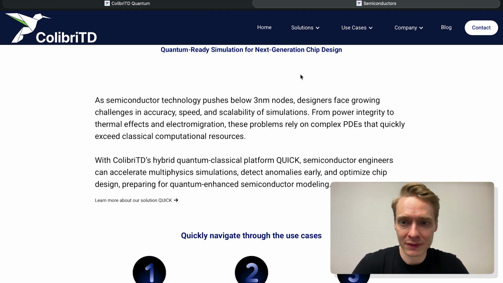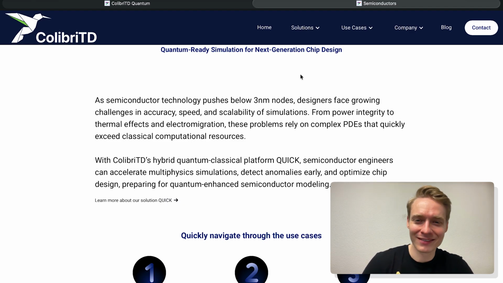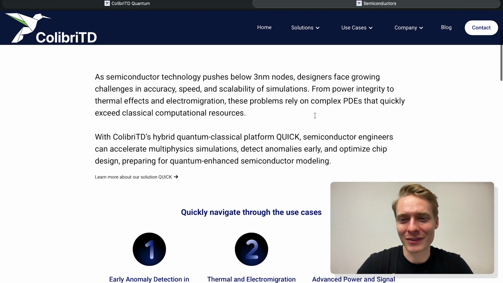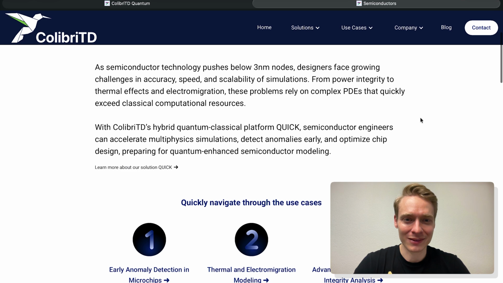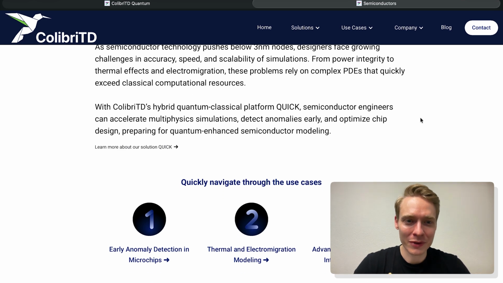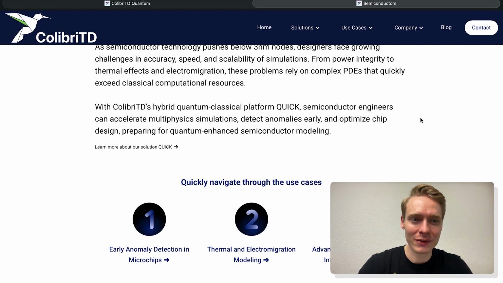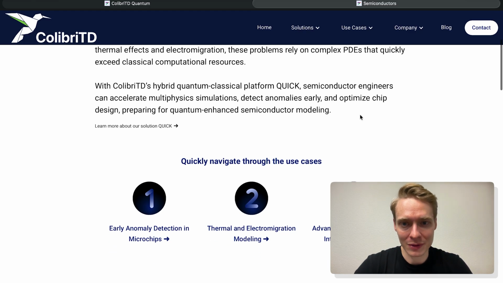From power integrity to thermal effects and migration, these problems rely on complex PDEs that quickly exceed classical computational resources. With ColibriTD's hybrid quantum classical platform QUICK, semiconductor engineers can accelerate multiphysics simulation, detect anomalies early, and optimize chip design, preparing for quantum-enhanced semiconductor modeling.